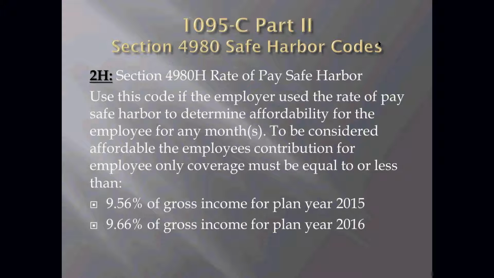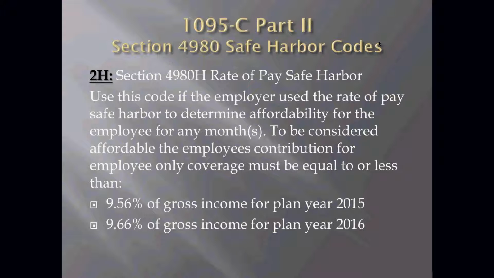So you'll be able to use this code as well, 2H, if you want to use this instead of the federal poverty limit. So if you're charging them $99 or you're charging $100 per month, then you're going to be able to use safe harbor code 2H instead of the federal poverty limit code.